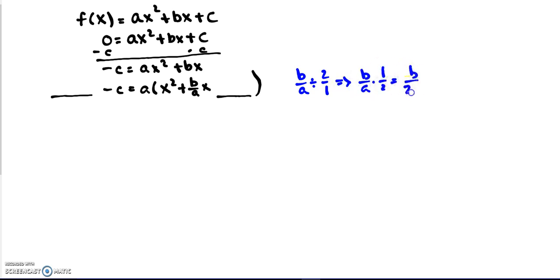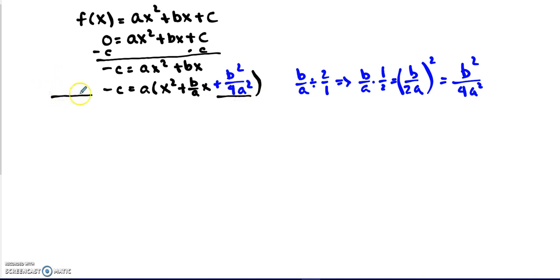So we have b over 2a, that's half of b, and then we're going to square it. So we're going to square the numerator and square the denominator. So we end up with b squared over 4a squared. So we'll add that here. B squared over 4a squared.